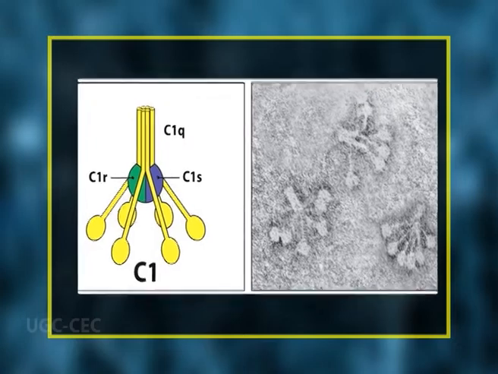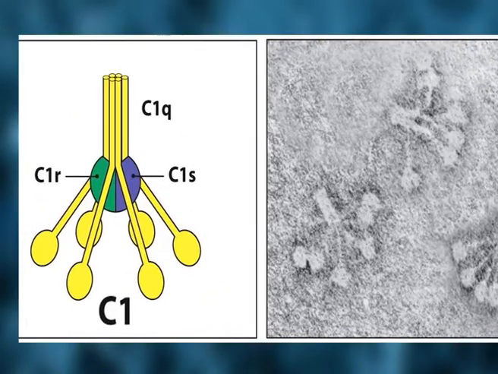C1 in the serum is a macromolecular complex consisting of C1q and two molecules each of C1r and C1s, held together in a complex stabilized by calcium ions.